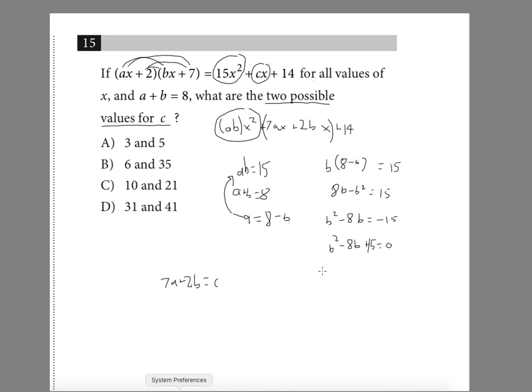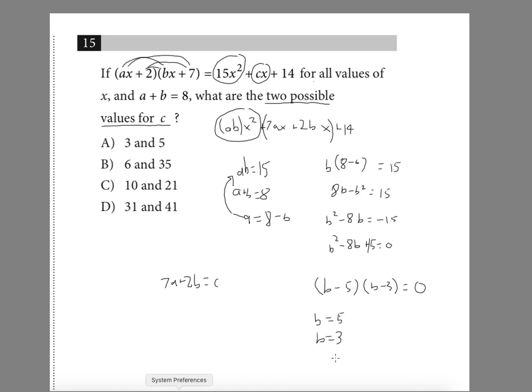Well, it's -5 and -3. So we have (b minus 5)(b minus 3) is equal to 0. So we can have b is equal to 5, or b is equal to 3, alright?